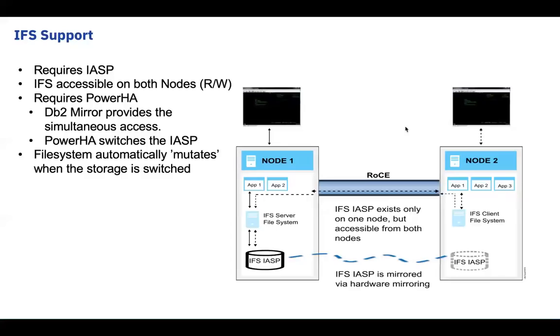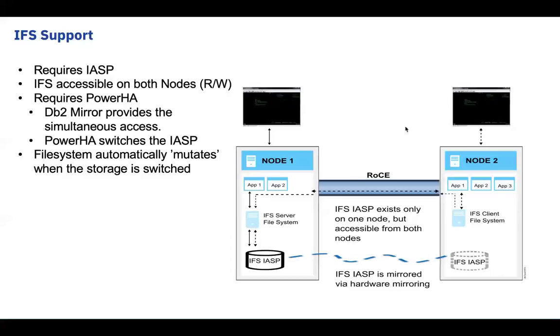In the event of a failure or a planned switch where PowerHA would switch the independent ASP between node 1 and node 2, Db2 Mirror would actually reverse that client-server file system relationship. And so from an application's perspective, it would not understand that an actual independent ASP switch has occurred underneath the covers. And so the file system would do what we call a mutation. So it mutates, and then the clients would just have essentially a long file access, and then it would take off from the point it was at without a failure.